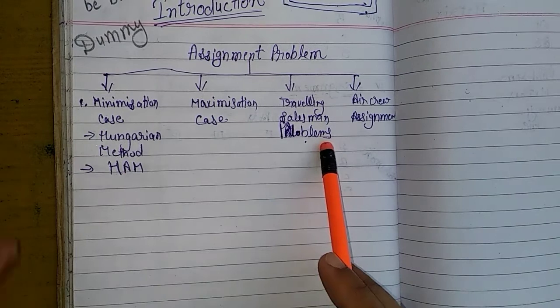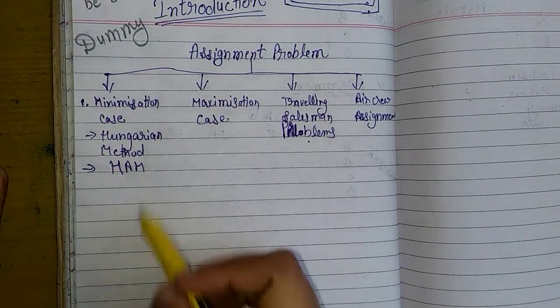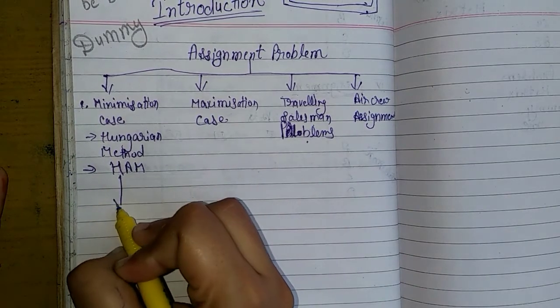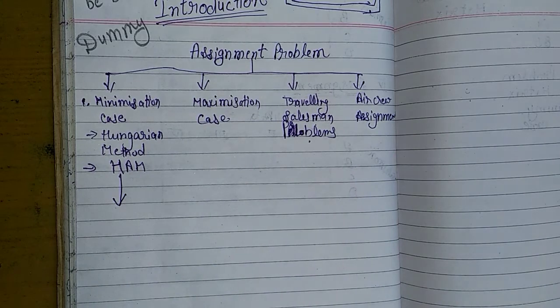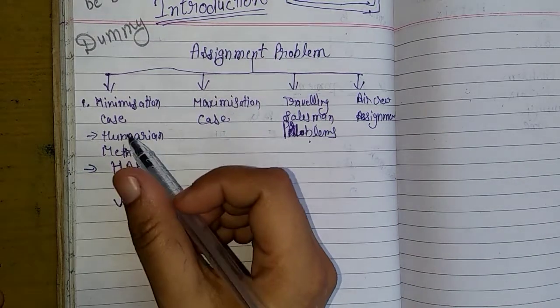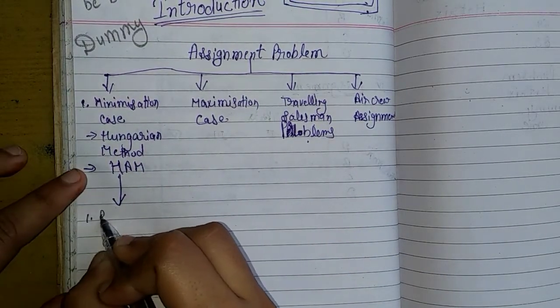There are 4 types of method in assignment problem. Now, how we can solve minimization case. There are 3 steps to solve minimization case. First, row reduction.